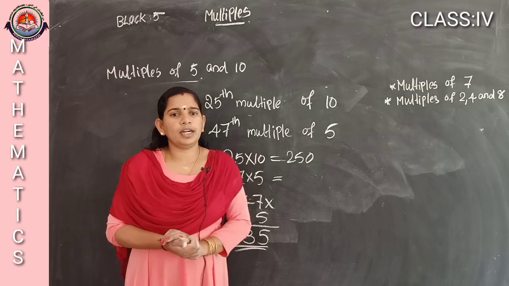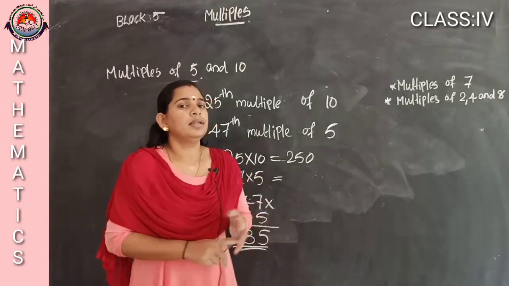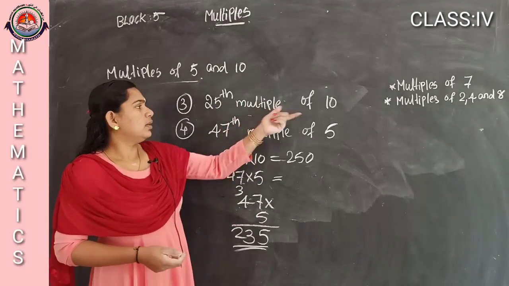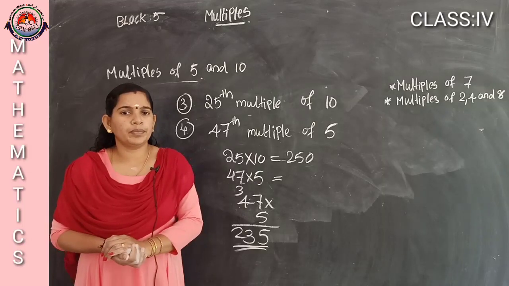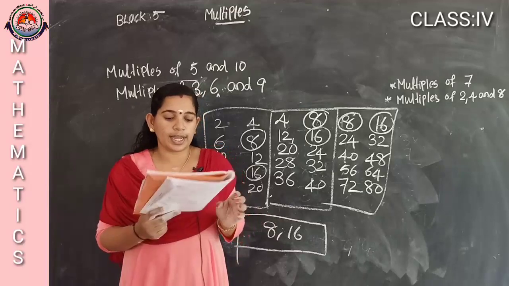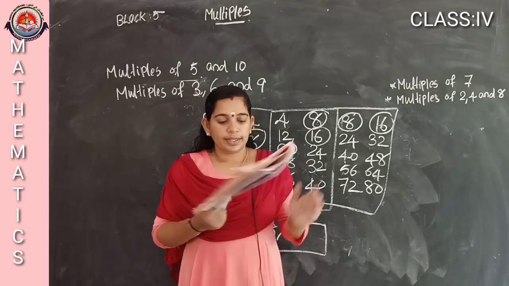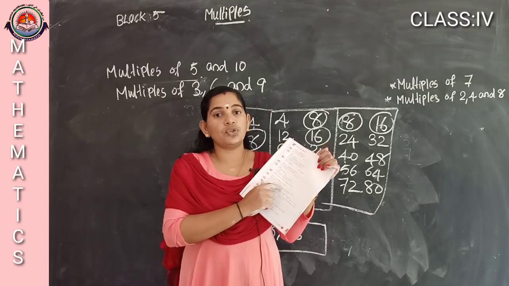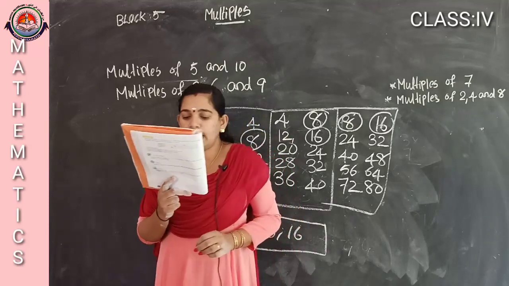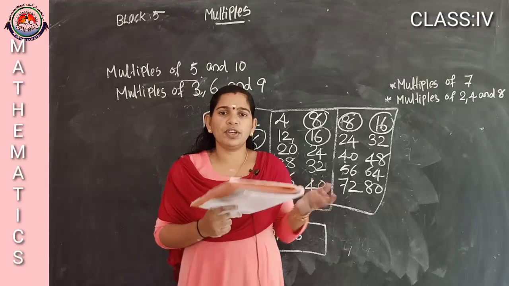Does anyone have a doubt about finding the common multiples of 5 and 10, and the 25th or any number's multiple of 10 and 5? Okay, your textbook, page number 29. First question, state whether true or false. Here 2 statements are given, which is true, which is false. You just mark it. Then, which of these numbers are common multiples of 5 and 10? Find the common multiples. You know that.